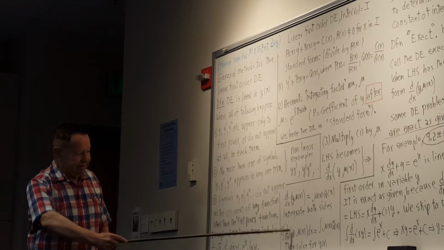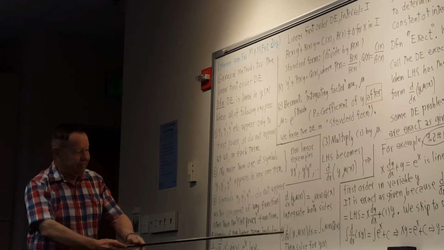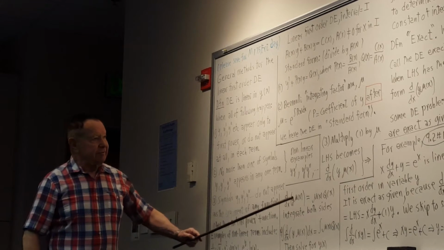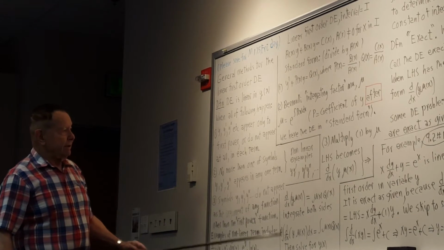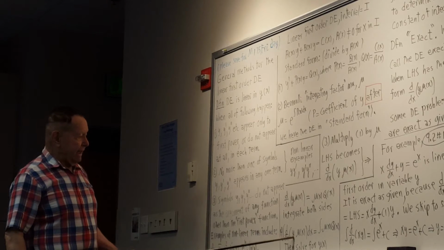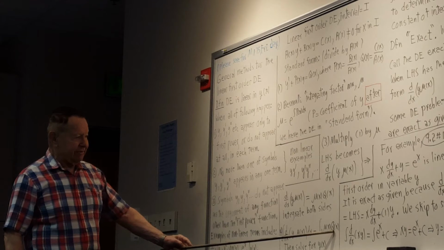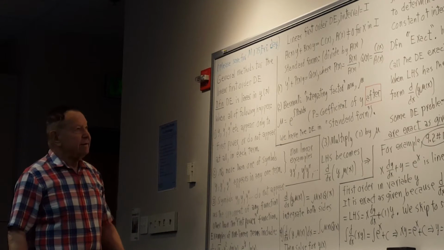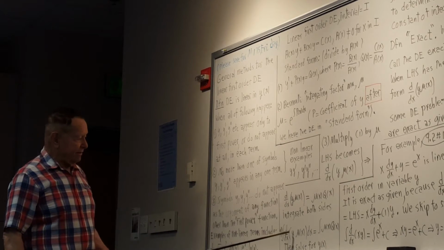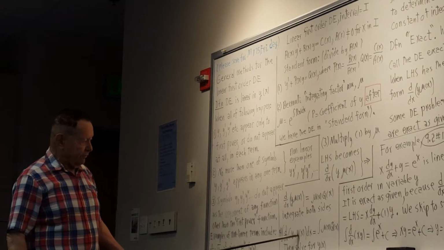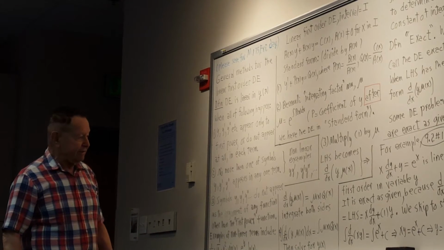So this is automatically, by the fundamental theorem of calculus, going to be y times mu of x, and this has to be an integral you can do. And if you can do that, then y will be this integral over your integrating factor.